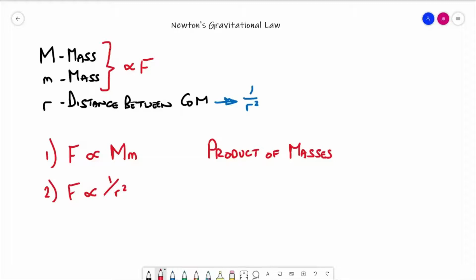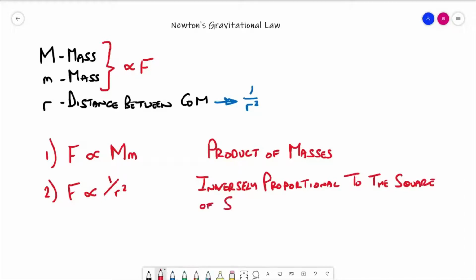Product of masses and inversely proportional to the square of the separation.